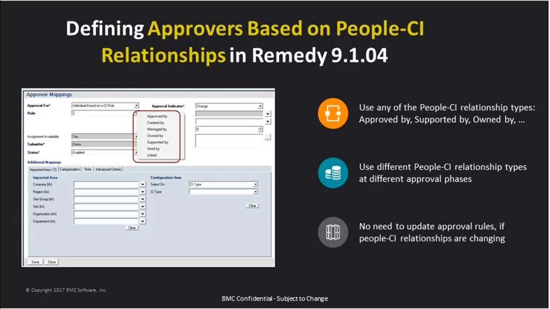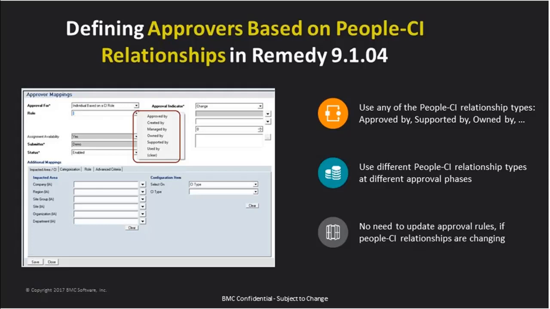So, for example, you can say, hey, whoever is related with the approved by relationship needs to approve a change for this CI at a certain stage of the change request, right? Or whoever is the support or the owner of the CI, related basically with the owned by relationship, would need to approve a release at certain stages of the release lifecycle, right?